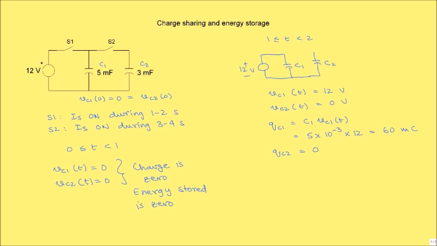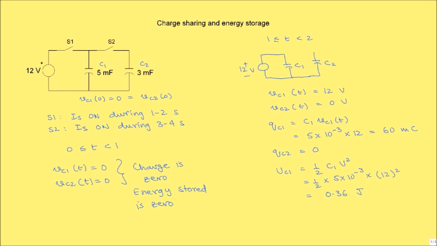The energy stored on C1, let's call it UC1, will be equal to half C1 V squared, which will be equal to half into 5 millifarads multiplied by the voltage squared, which will be equal to 0.36 joules.